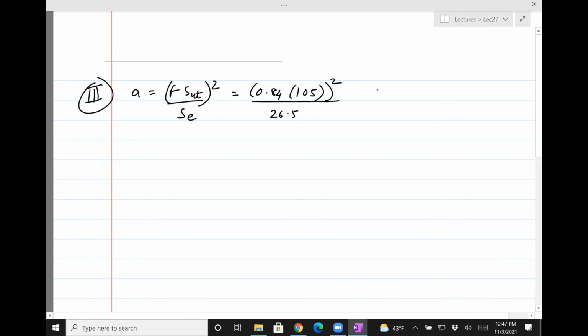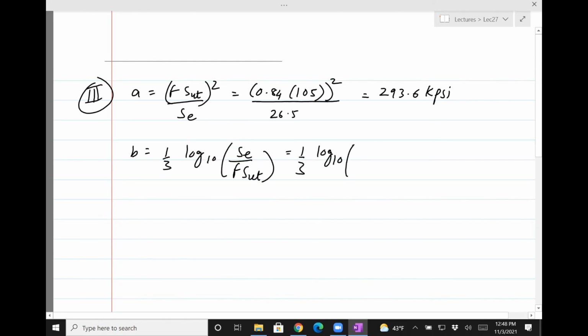A is 293.6 kpsi. B is one third log base 10 of SC divided by F SUT. That is 26.5 divided by 0.84 times 105. So that comes out to be minus 0.1741.